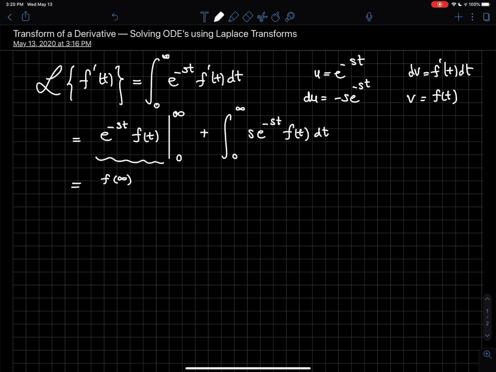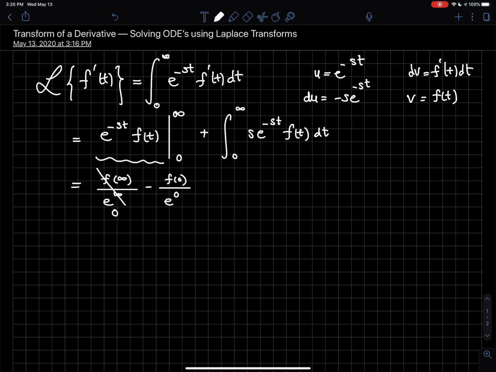The exponential is in the denominator, so divide by e to the infinity, and then minus f of 0 divided by e to 0.